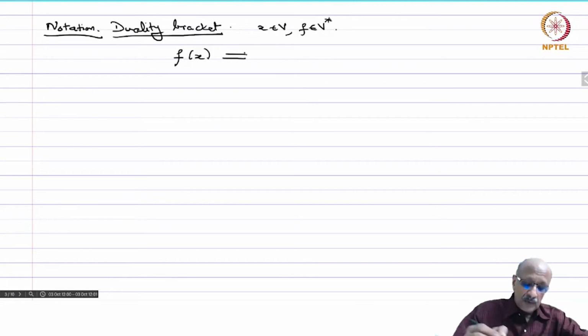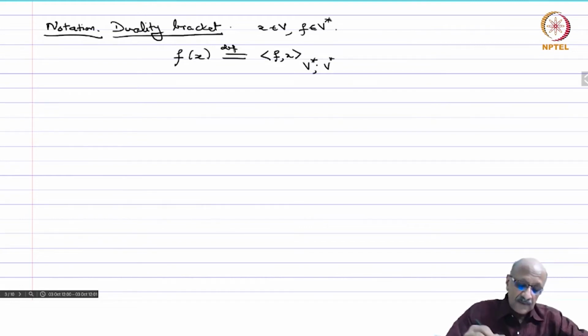Now I am going to define it as the bracket f, x, with V star, V to ensure where we are working. The first element in the bracket is the linear functional, and x is the point where it is being evaluated, and this bracket is just the evaluation of these two. To say where we are working, we write V star and V, and therefore this is a notation for the duality bracket.